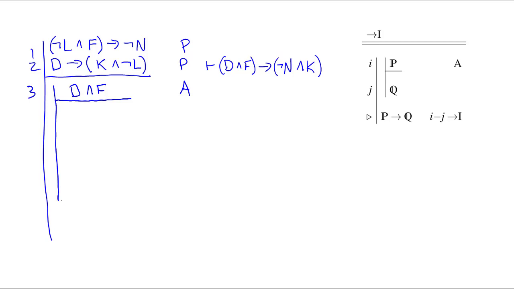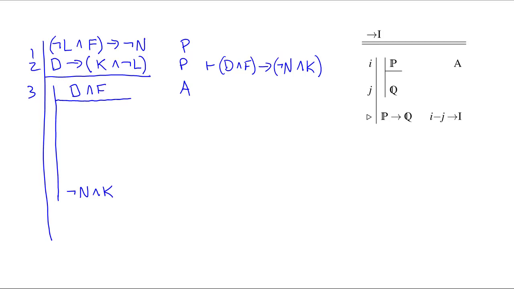And now what we want to try and do here is reach not N and K. Note that if we can do that, then what we'll get is if D and F, then N and K, and we'll be able to end our subderivation and reach our goal, like so. Now we haven't done that yet, so I'm just going to take the orange ink out here. But that is what we want to try to do.